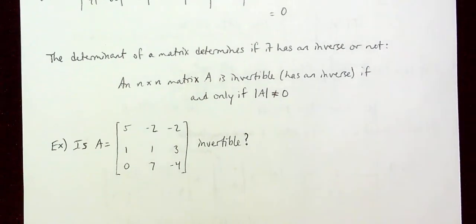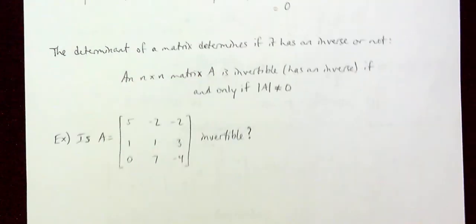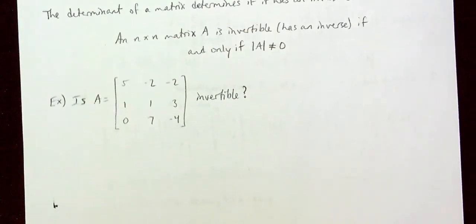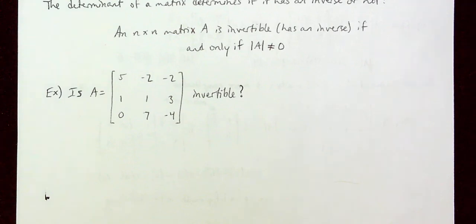So here, just one more quick sample problem. I'm actually going to let you guys try this one on your own. Figure out, is this matrix invertible? Not that you have to find the inverse matrix if there is one, but just figure out, does this matrix have an inverse?